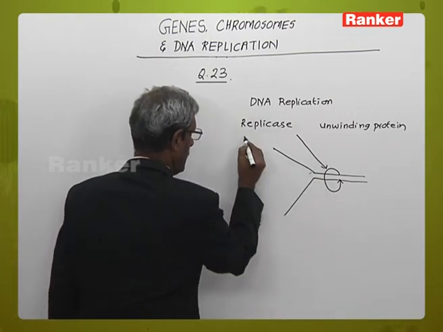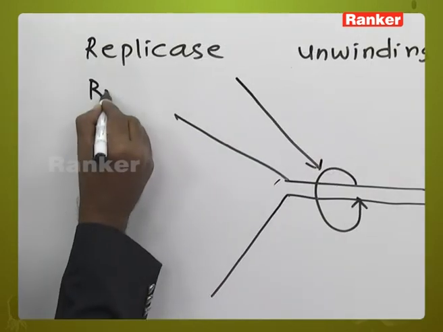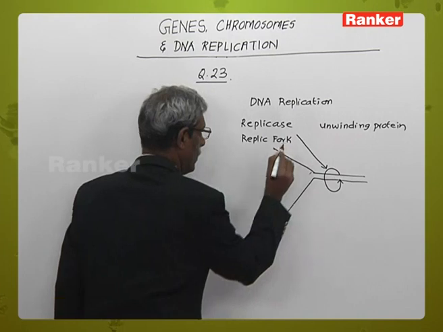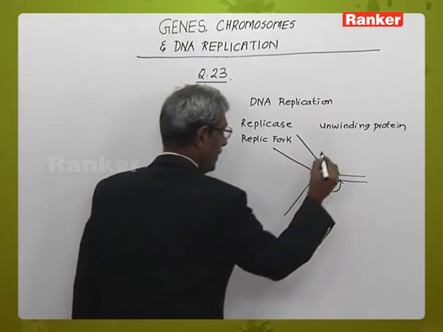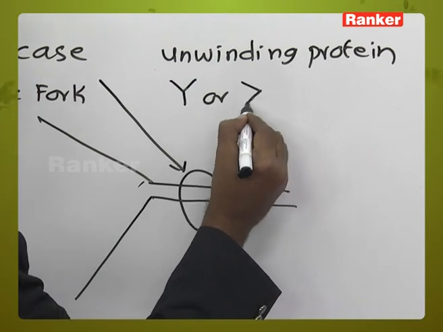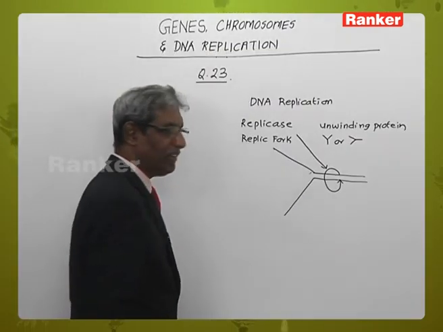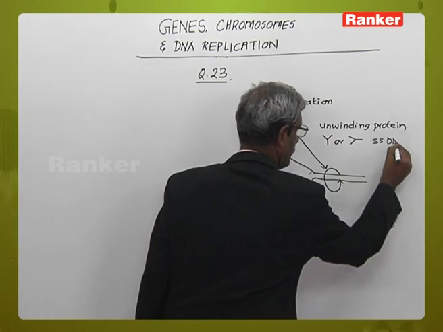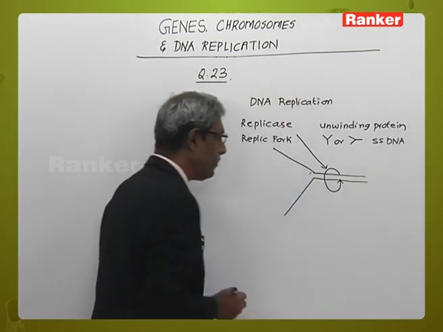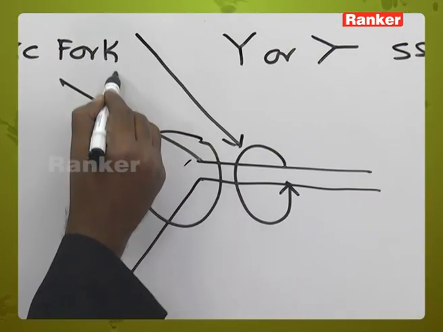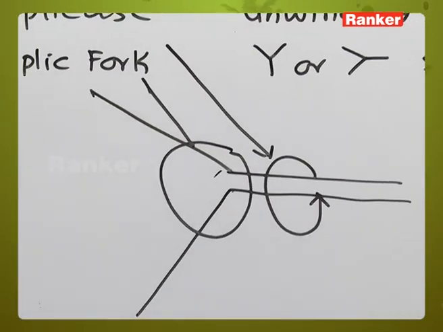The location where it binds is termed as the replication fork. So, the replication fork is Y-shaped, and it is the place where both the single stranded DNA come together. So, this region is primarily termed as a replication fork.